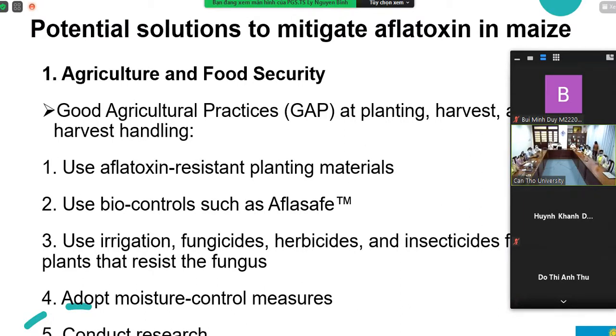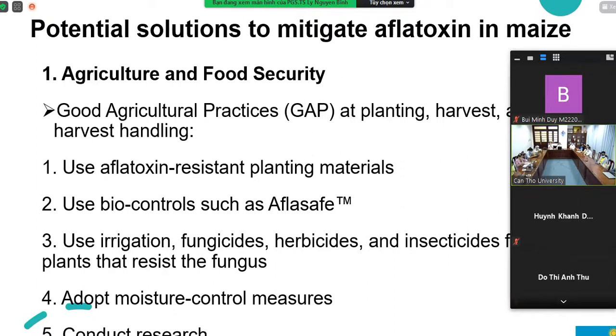Rwanda has some potential solutions to mitigate aflatoxin in maize. The first step that Rwanda is implementing is good agricultural practices at planting, harvesting, and post-harvest handling.